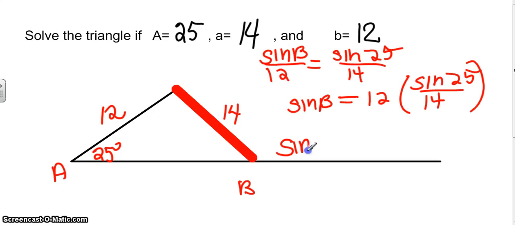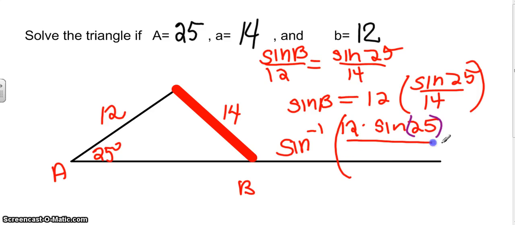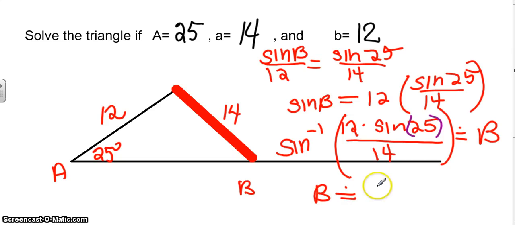What I want to type into my calculator is all of this: 12 times sine 25. Make sure that you keep your parentheses here, divided by 14. And that's going to give me B. I'm writing approximately B because I am going to have to round. So B is about 21.2 degrees.